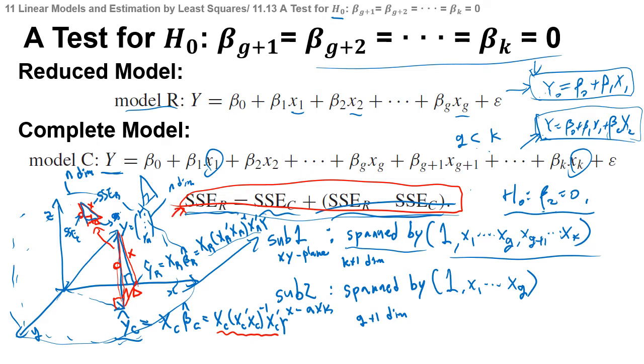If you understand the linear algebra well, you would know this makes sense. This is the geometrical interpretation of why this formula makes sense.